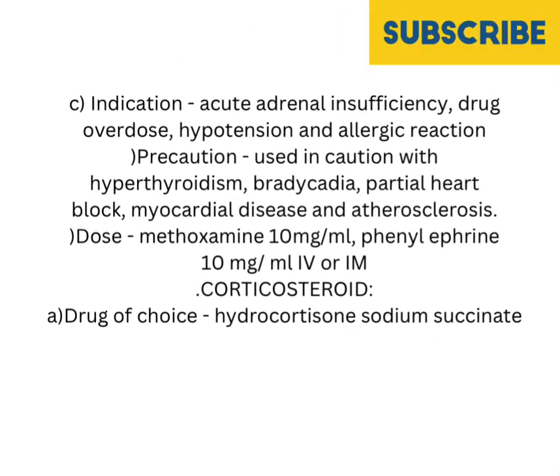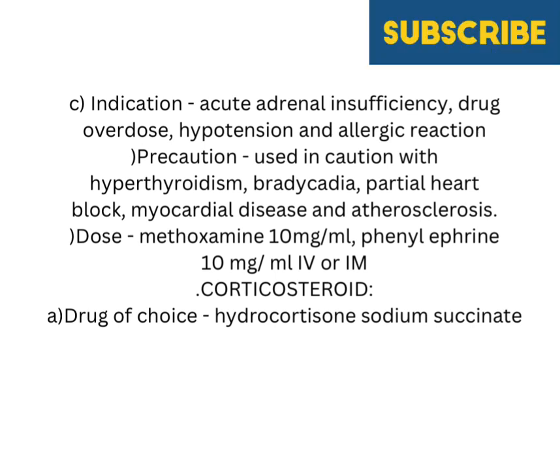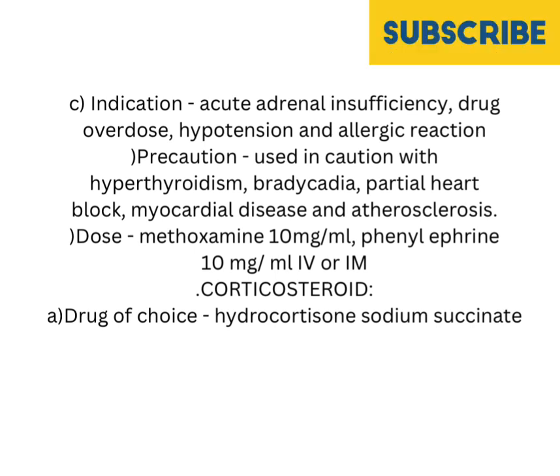C. Indication: acute adrenal insufficiency, drug overdose, hypotension and allergic reaction. Precaution: used with caution in hypothyroidism, bradycardia, partial heart block, myocardial disease and atherosclerosis. Dose: methoxamine 10 mg per milliliter, phenylephrine 10 mg per ml IV or IM.